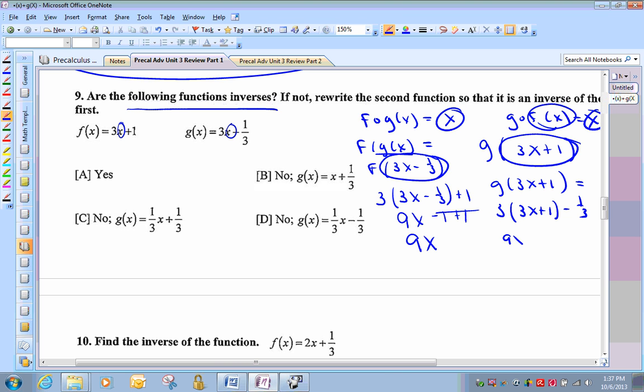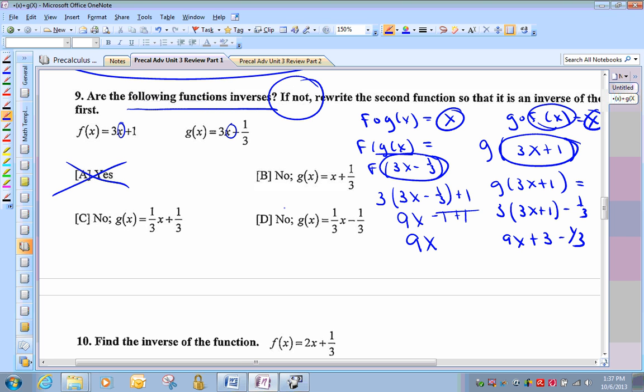So 3 times 3 was 9x. That would be positive 3 minus 1/3. Well, that didn't work out either. So neither one of those came out to be x. So we're going to say it is not. So it is not.